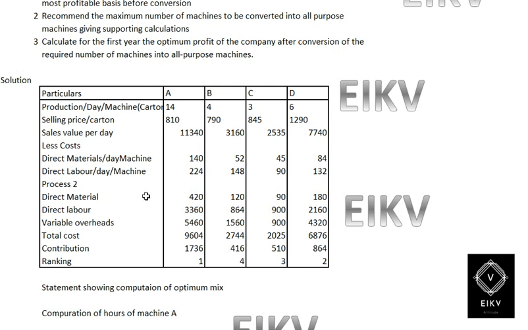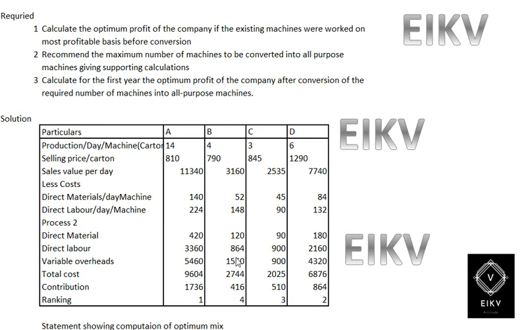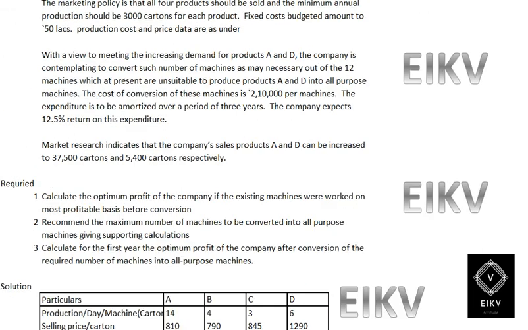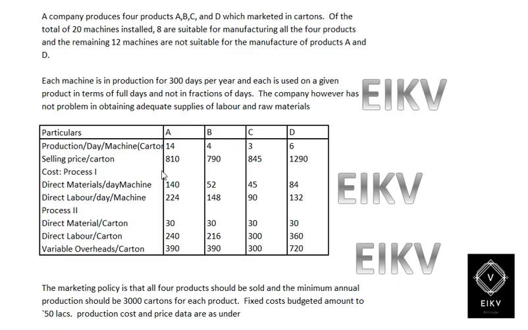Going further, process 2 direct material. Here we have some calculations. It is given that the direct material per carton is 30 rupees. So when we multiply this amount by the number of cartons per day per machine, you will get the amount.